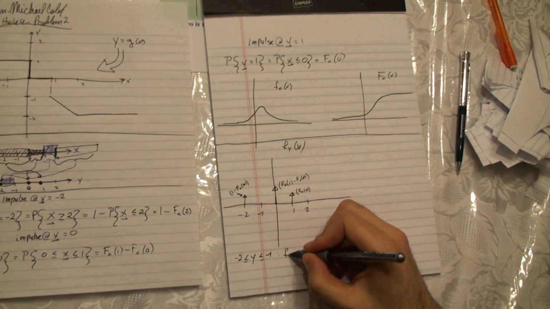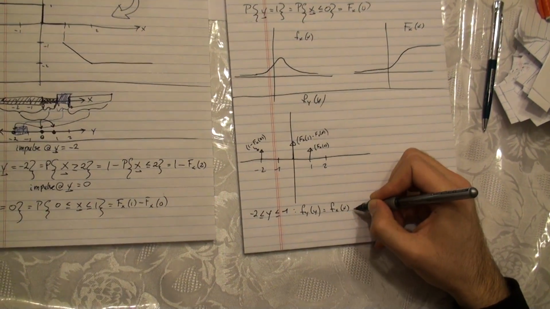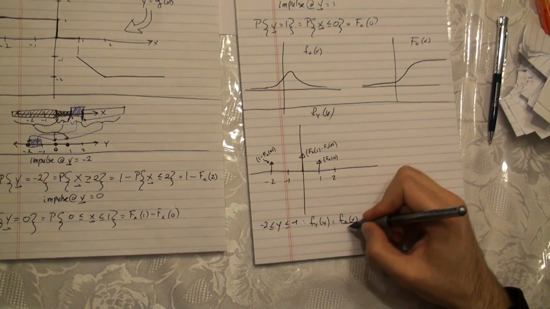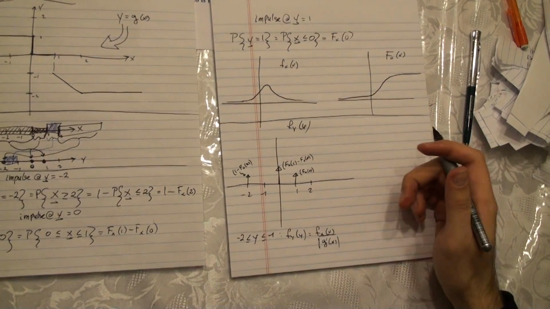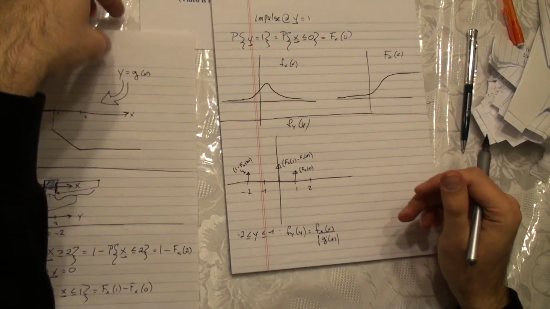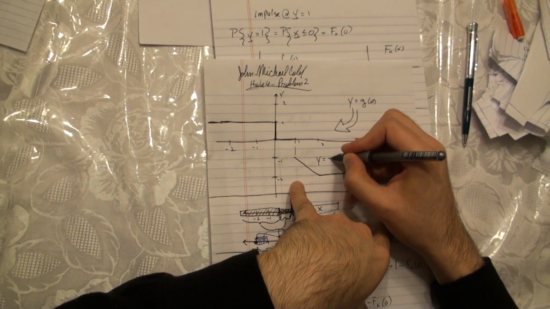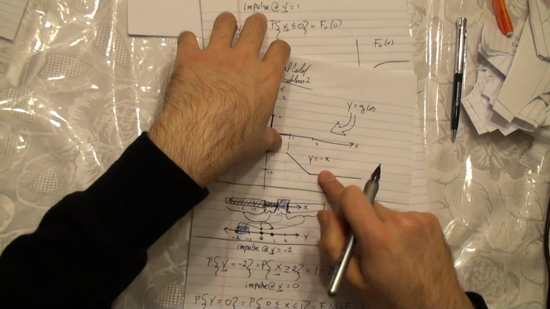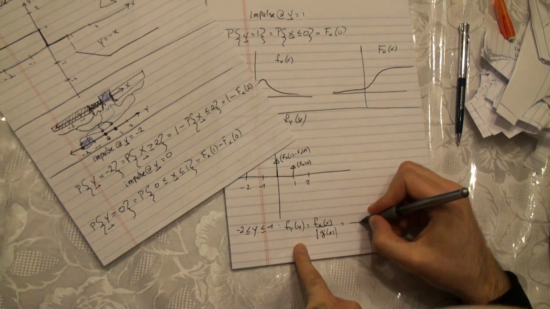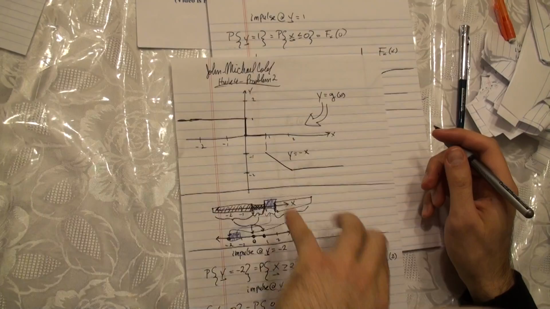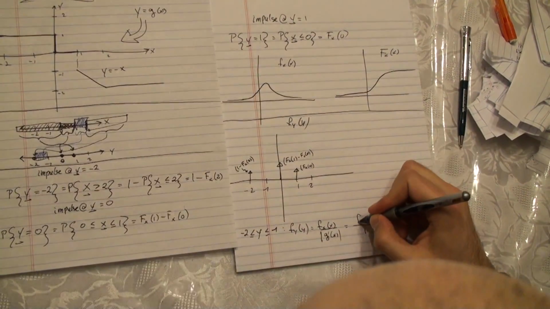We use little f of y is going to be equal to little f of x over g prime of x absolute value. So, in this region, y is equal to -x. So the derivative is just going to be -1, but we take absolute value, so it's just going to be 1. And on the top, we're going to be evaluating f of x at -y.